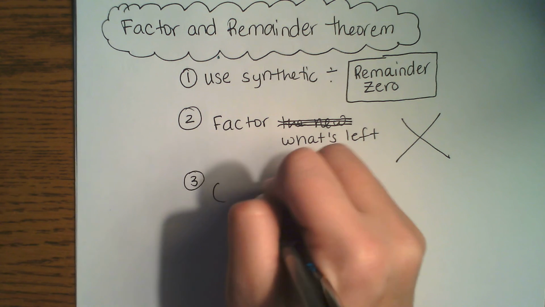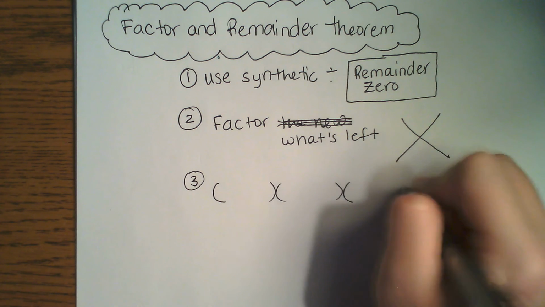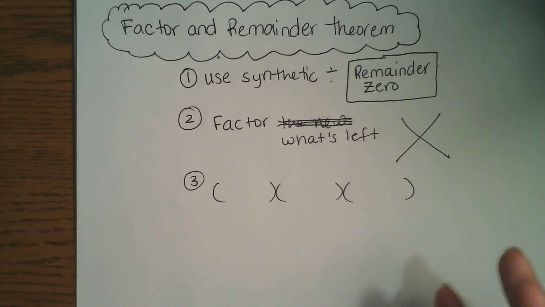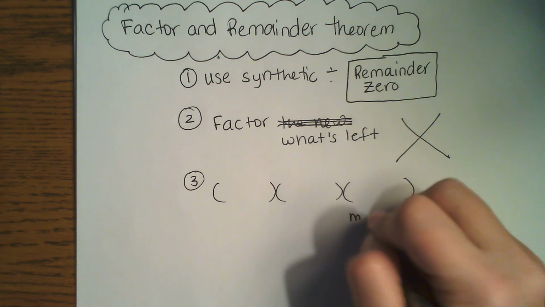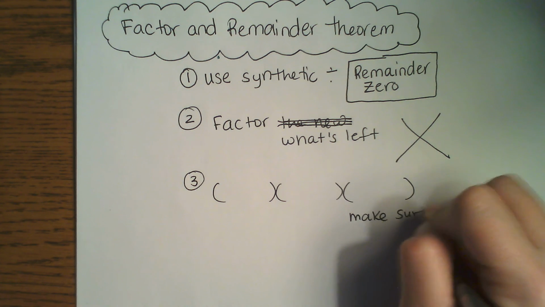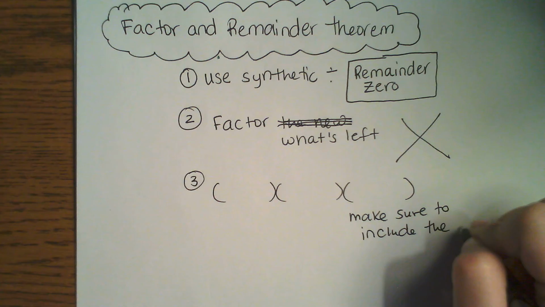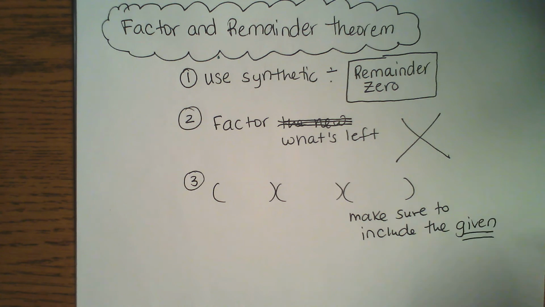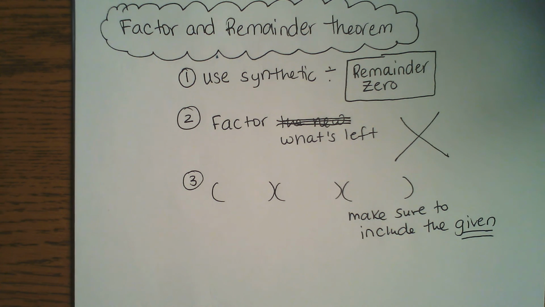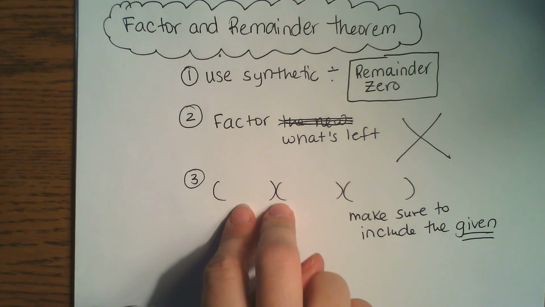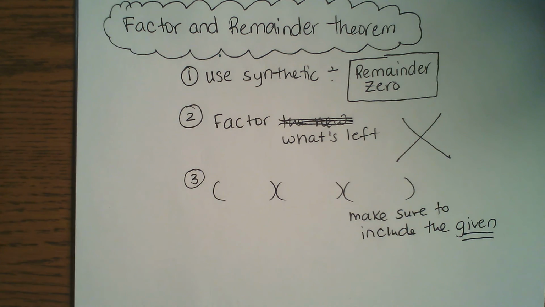So your answer should have 3 pieces. Make sure to include the given. A lot of students lost credit here on this Delta Math quiz because they either didn't factor what was left, or they only gave me 2 pieces, not 3. So just be aware of that.